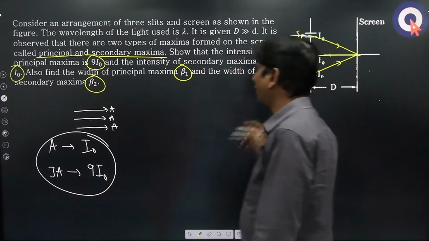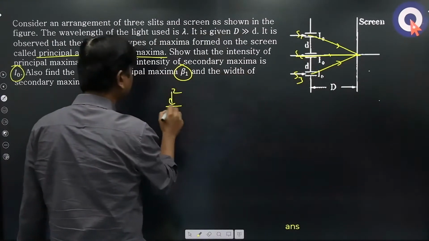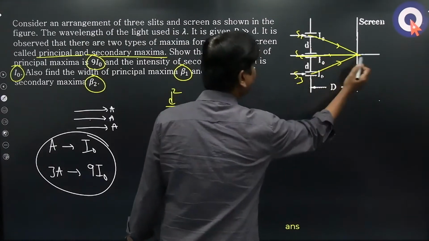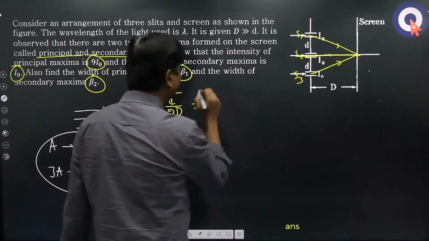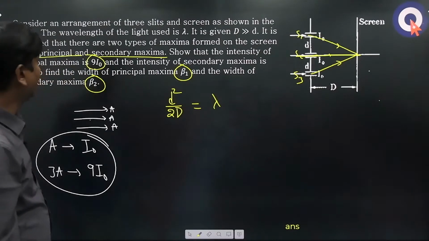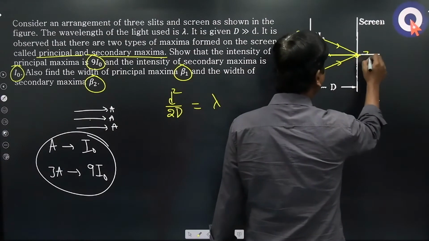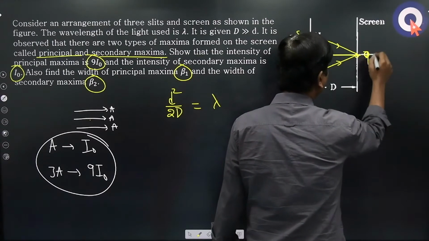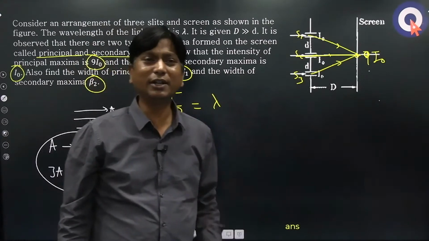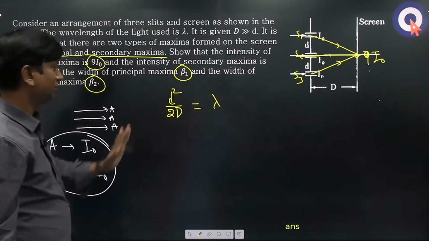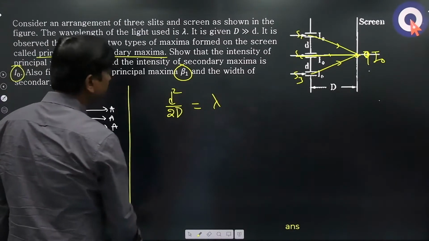As I told you, d square by 2 capital D, because this minus this, d square by 2 capital D, that should be exactly equal to lambda, then it will work out. And that time you will get definitely here 9 I naught. Let us consider only the principal maximas where you are going to get a 9 I naught, okay? d square by 2D should be equal to lambda. That is the condition.